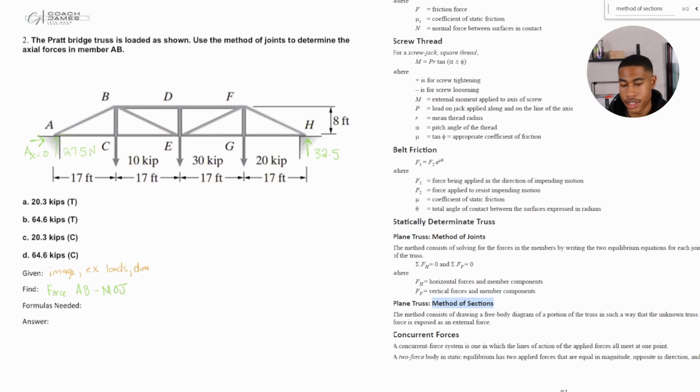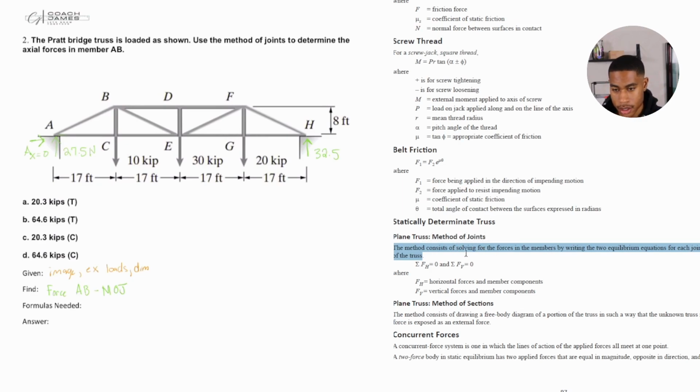Sounds cool. Method of James. But method of joints. Okay. So what are the formulas that we need? Well, what is method of joints first and foremost? We're already in the same section. Method of joints is here. All right.